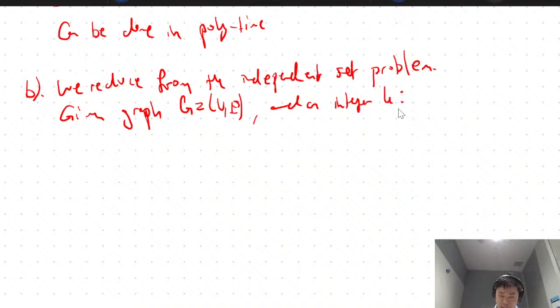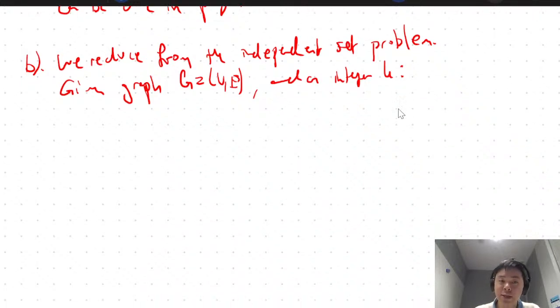And what we would like to do is construct a new graph and potentially a new k, so that if the original graph has an independent set of size at least k, then the new graph has an independent set of size at least k prime, where every vertex has degree at least k prime. So, any thoughts on how we could do this?